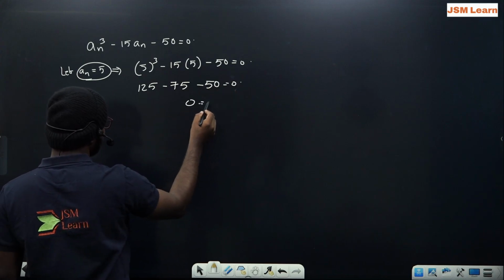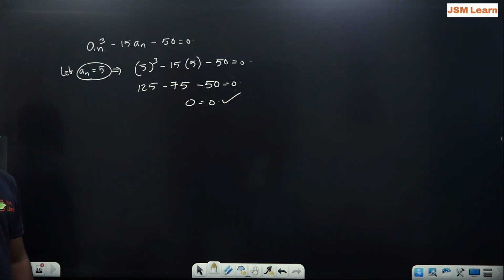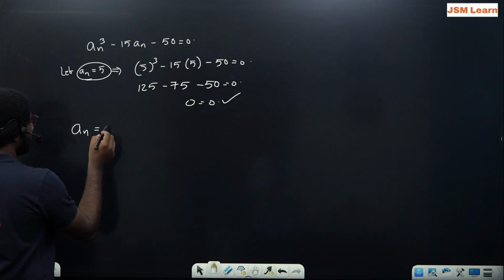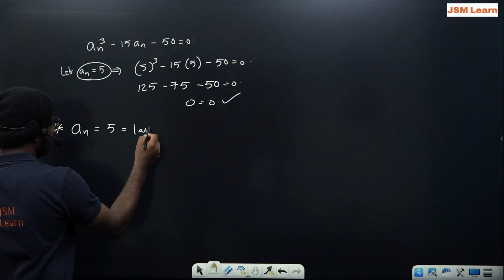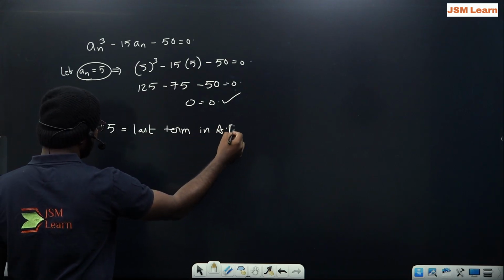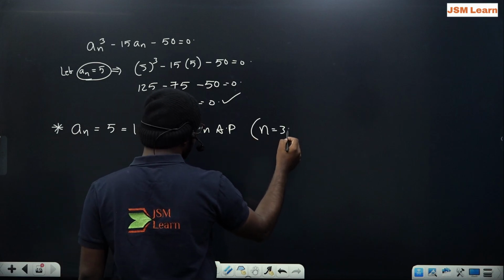So here we got 0 equals 0, which satisfies our given equation. So from here we know that An is equal to 5, which is the last term in the AP series, where the number of terms in the AP is 30, right?